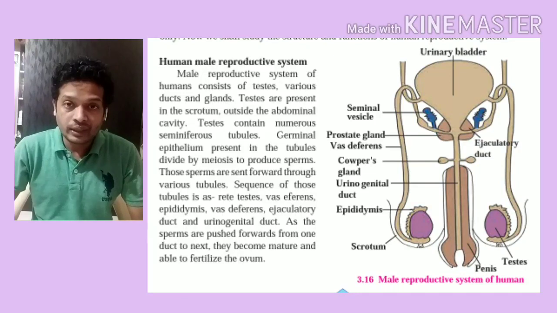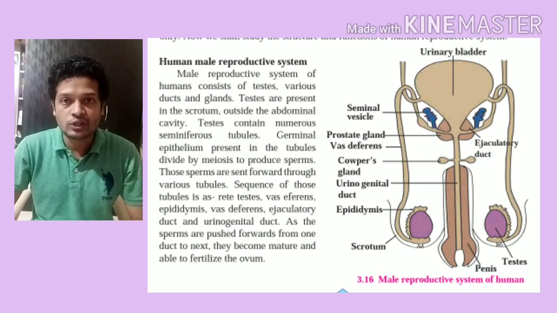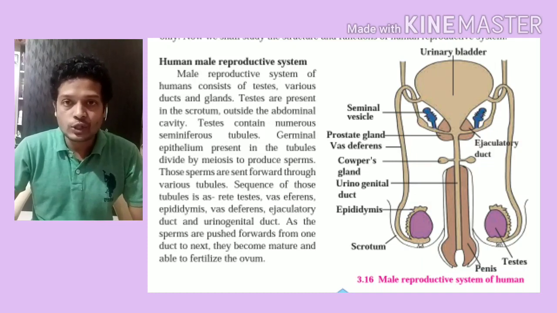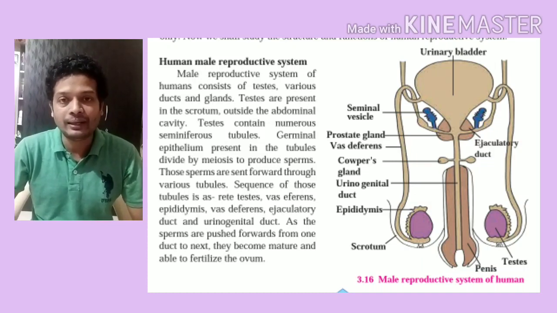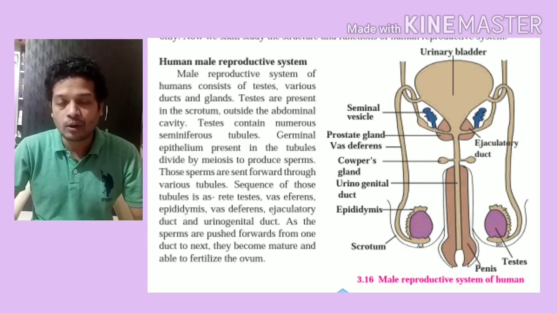Then there is a series of ducts or tubes which carry the sperms. Inside the testes, the transverse section shows numerous seminiferous tubules, and each tubule consists of cells known as germinal epithelium. This germinal epithelium divides meiotically, and from one cell 4 sperm cells are formed.